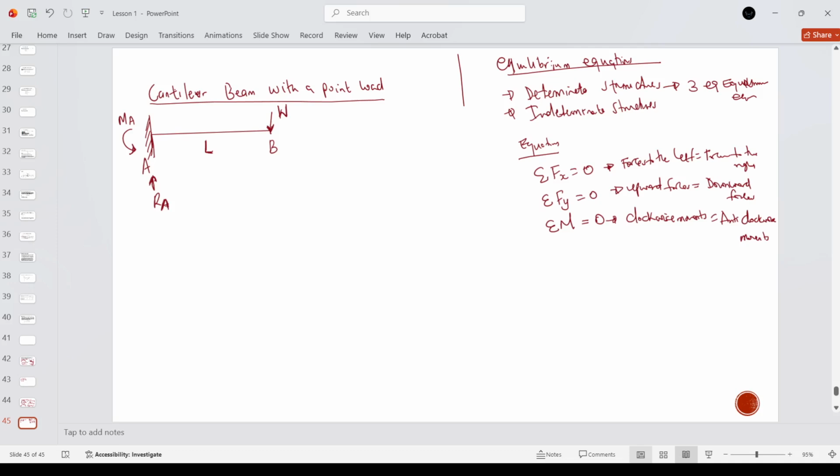So what would be our RA using the second equilibrium equation? If upward forces equal downward forces, what is RA?